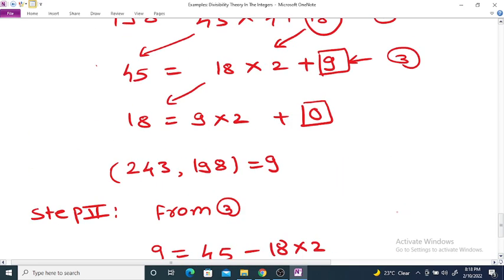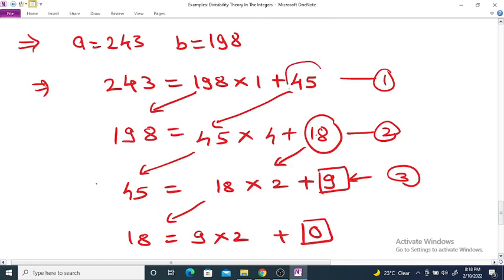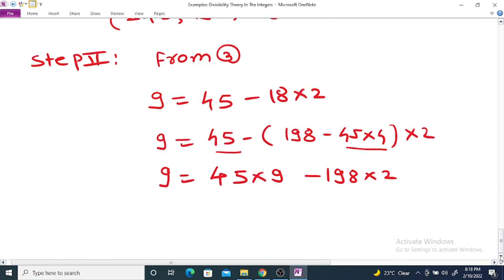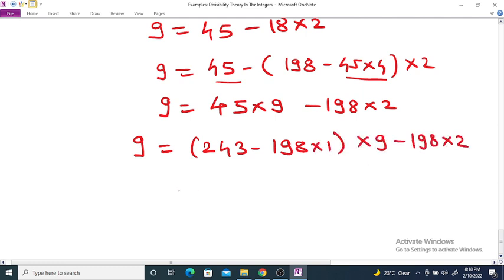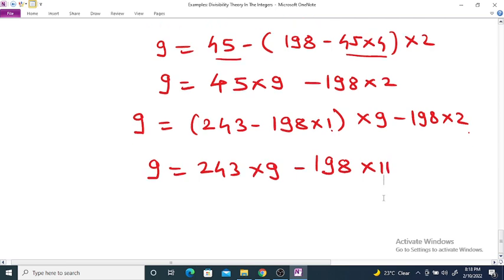Now lastly we want to substitute the value of 45. What is 45? 243 minus 198 into 1. So 9 is equal to 243 minus 198 into 1, into 9, minus 198 into 2. So here 9 is equal to 243 into 9 minus 198 nine times and 2 times, so this is 198 eleven times.